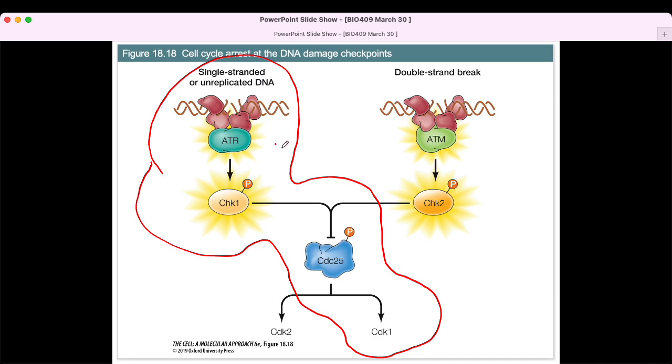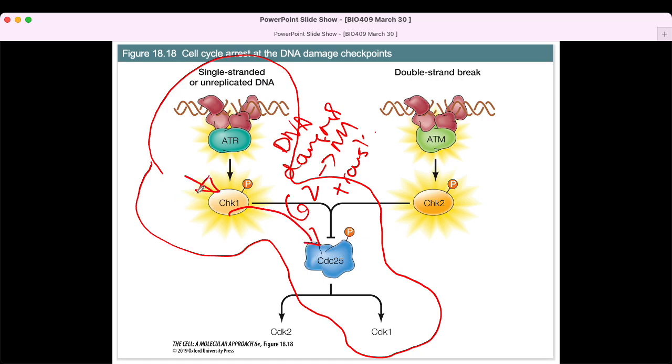That's the DNA damage checkpoint at the G2 to M phase transition. What's new to us on this figure is there's a kinase that phosphorylates CDC25, and the kinase is called CHEK1.